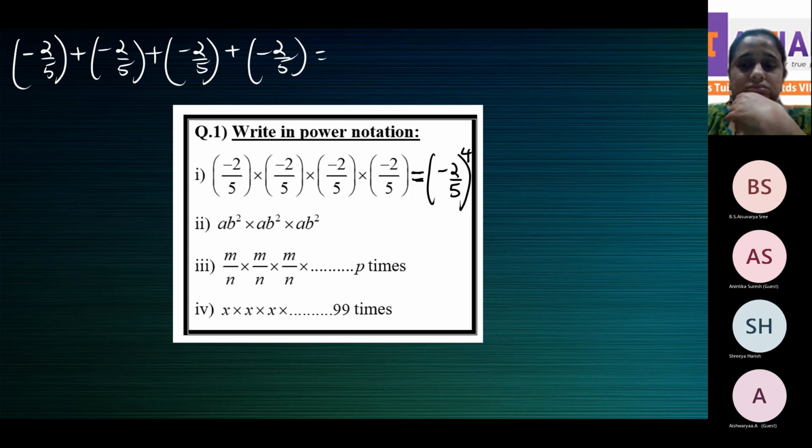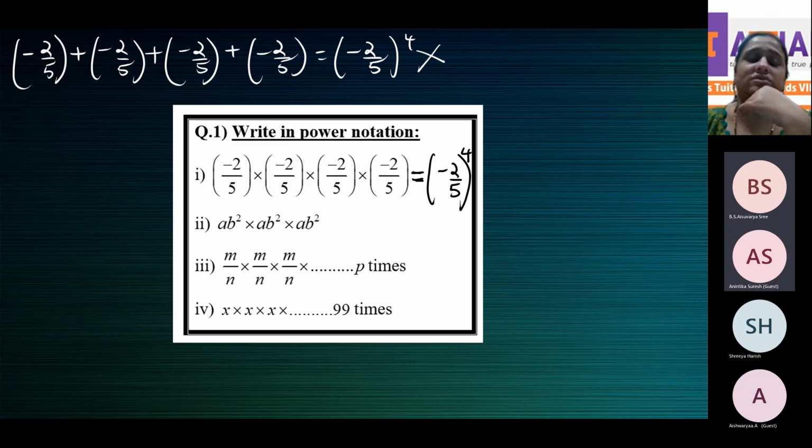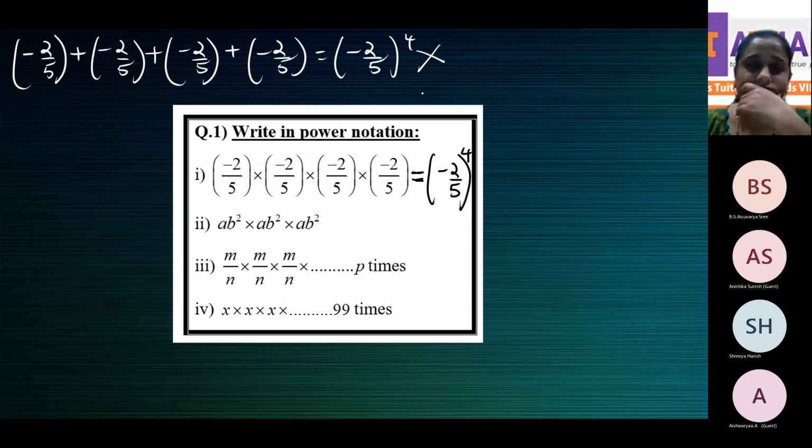It's minus 2 by 5 plus minus 2 by 5 plus minus 2 by 5 plus minus 2 by 5. Is it minus 2 by 5 to the power 4? No, ma'am, because we're adding, we're not multiplying. Correct. Then what is it?